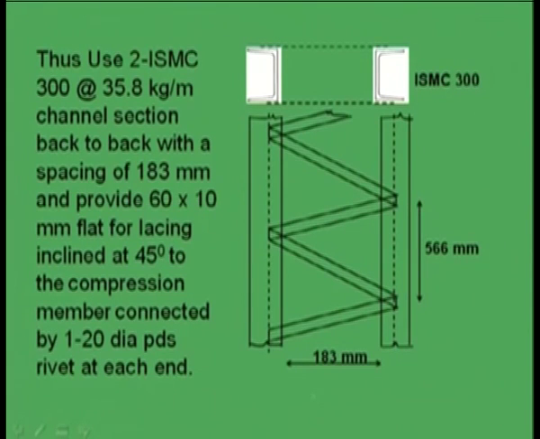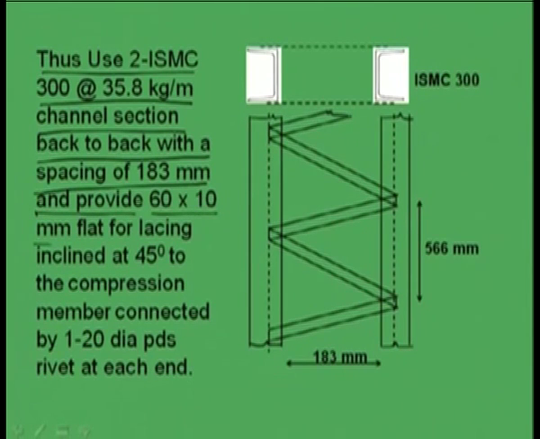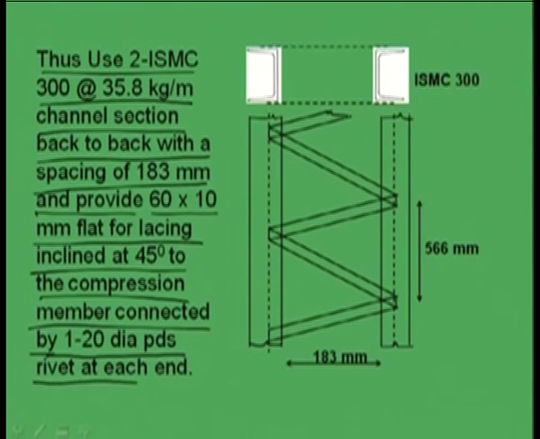In short we can say: use 2 ISMC 300 at 35.8 kg per meter channel section back to back with a spacing of 183 millimeter, and provide 60 by 10 mm flat bar for lacing inclined at 45 degree to the compression member, connected by one number of 20 diameter power driven shop rivet at each end, right.